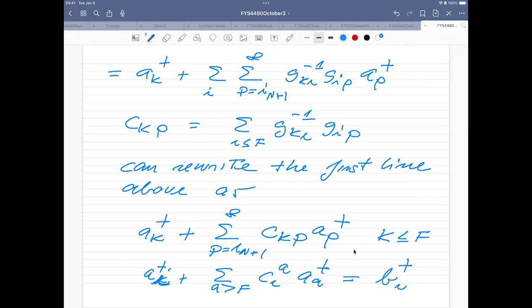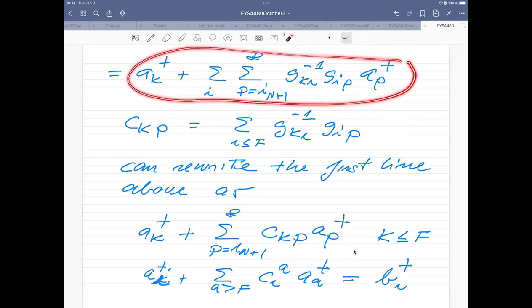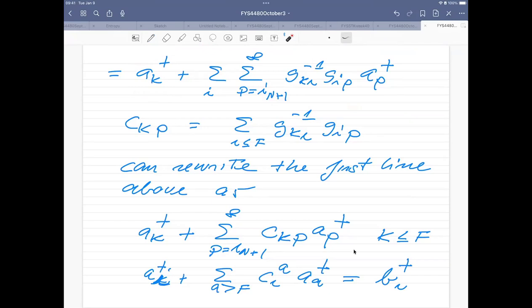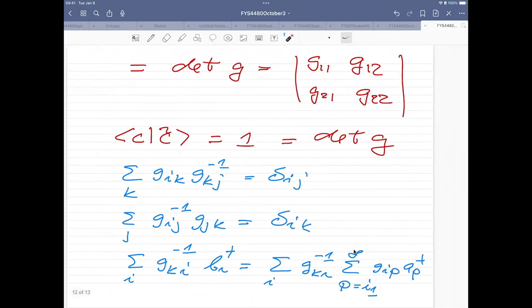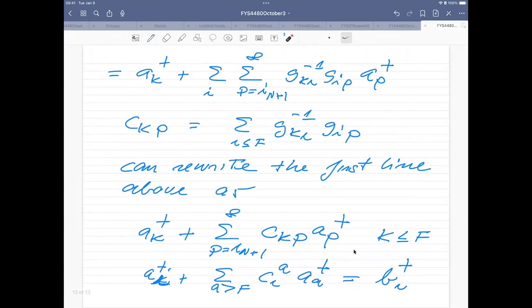So this is the expression I have from the general Slater determinant. This is an unconstrained summation. So the only thing I did was to rewrite this operator, which I defined, this B of I, which is my general one. And then I just rewrote it in terms of a new set of terms here, which I redefine as a coefficient C_KP. And then I can rewrite the first line above as this. And that is nothing but the original operator which I put up.